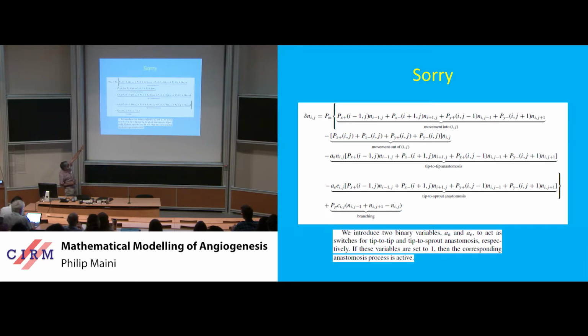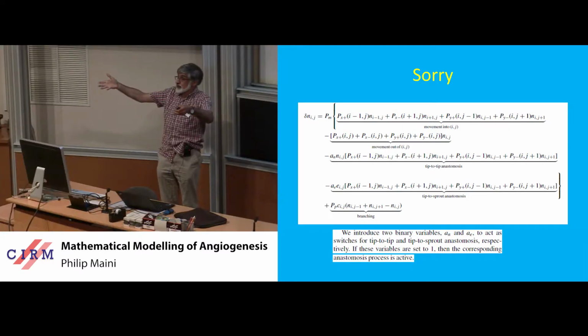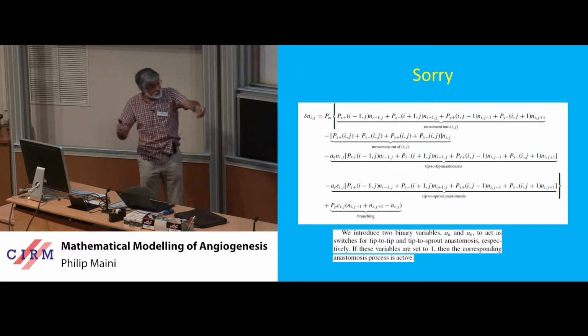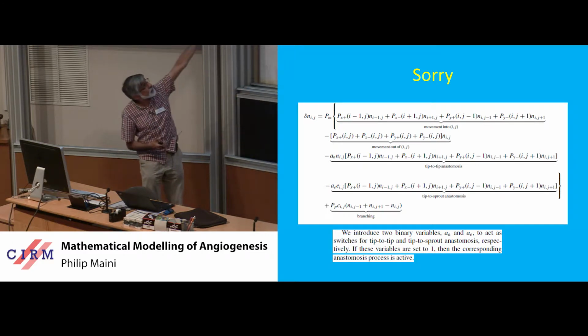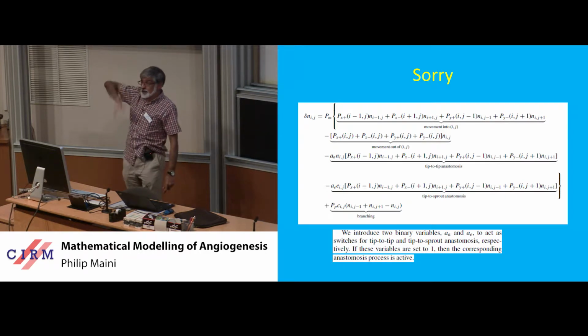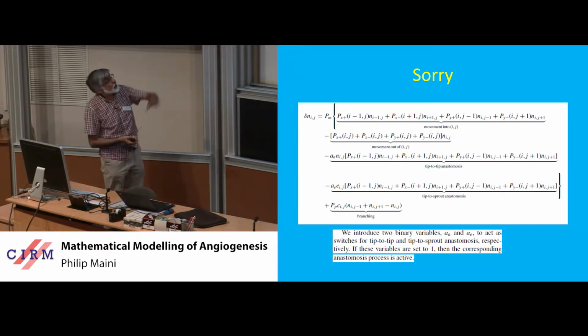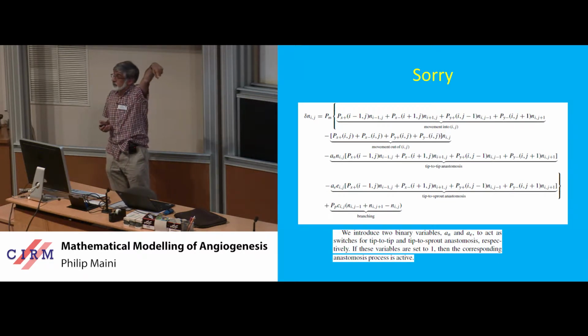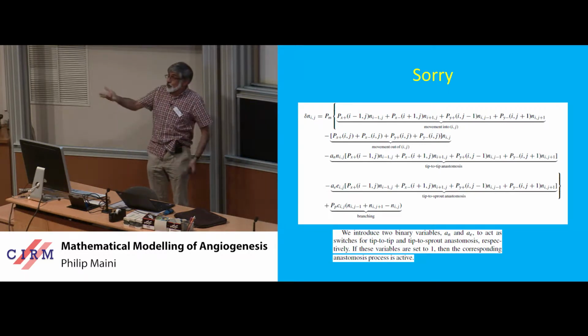This we're talking about the tips. And then if two tips coincide with each other, you will lose. So that's tip-to-tip anastomosis, and then tip-to-sprout anastomosis. So by just going through and doing the bookwork, you can write all these things down, and then you do the obvious thing: expand everything in the Taylor series and keep the lowest order terms.